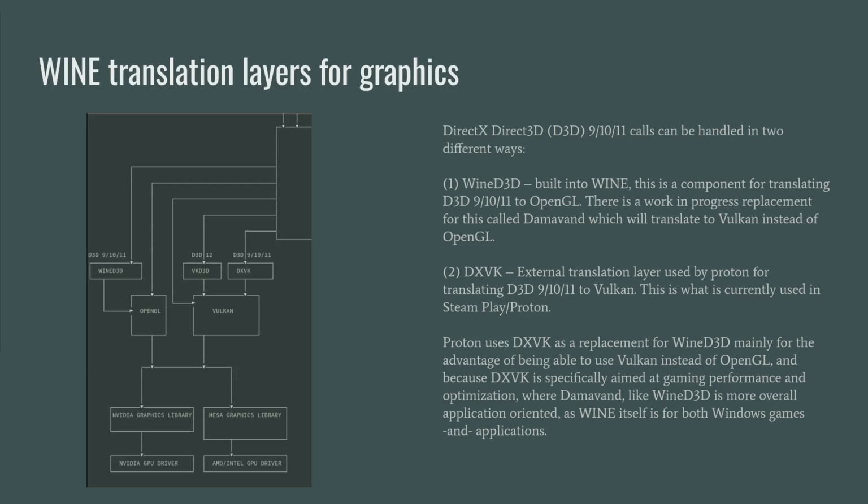It's more meant for if you want to game, but you also want to run basic Windows applications, because we know that Wine itself is not just for games. And that's why Proton specifically uses DXVK rather than the Damavand backend. So yeah, that's what I was explaining there. Now that you know about Damavand, that's why we use DXVK instead of it.